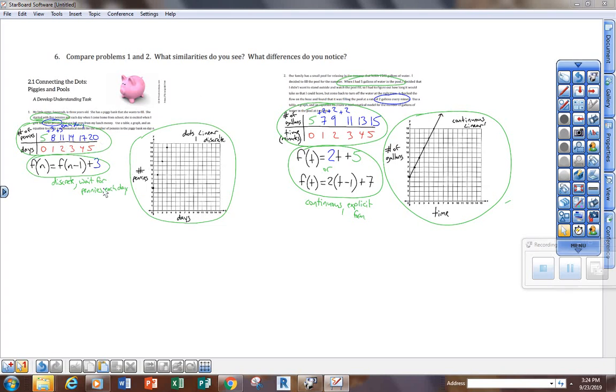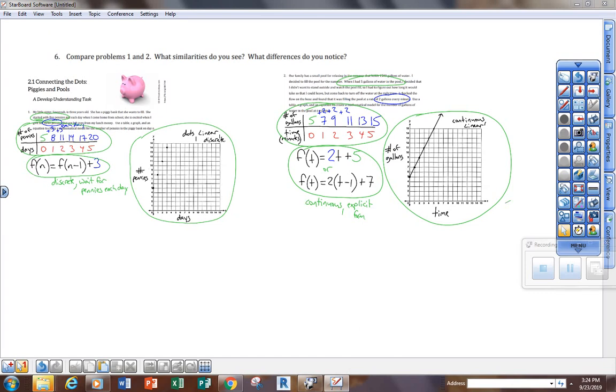This one uses the recursive form. This one uses the explicit form. Another difference. This one goes up by 3. This one goes up by 2. There's a similarity. They both have the same y-intercept. Again, similarities, they're linear. Differences, discrete, continuous. All right, hopefully you heard those. The fourth word is explicit. Explicit.